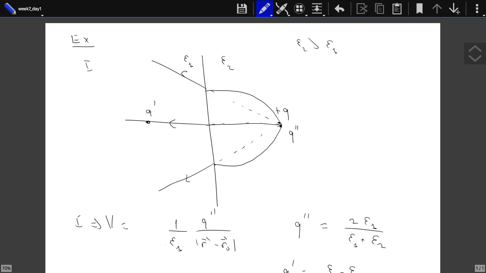So let's say for the case epsilon 2 is larger than epsilon 1, the electric field lines in region 2 should bend towards the surface, and then in region 1 they should just continue perpendicular as a straight line. So the electric field lines will look like this.